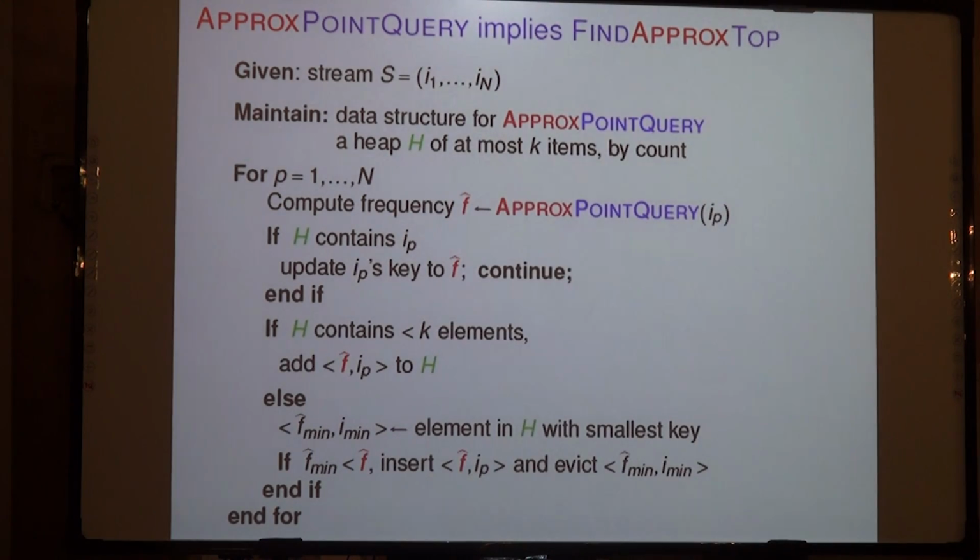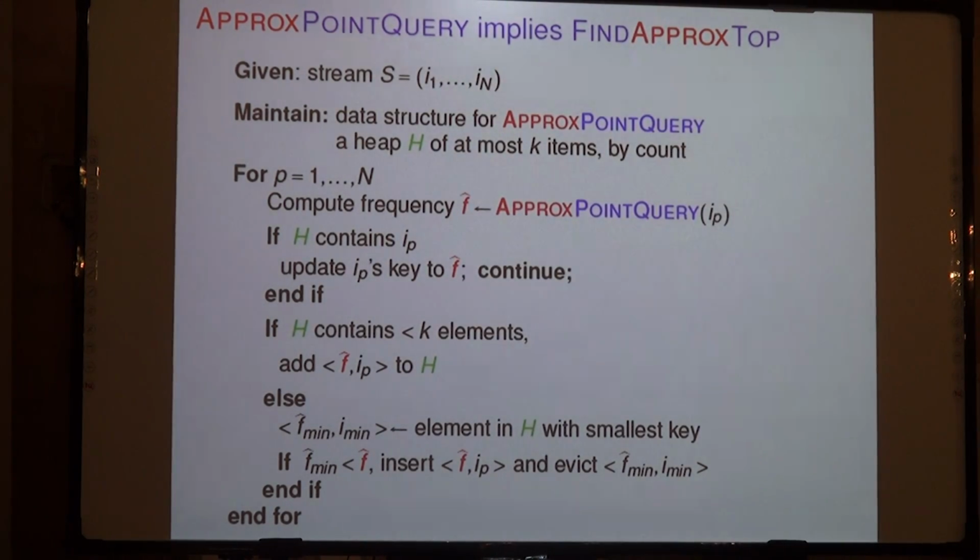It gives us some f hat, and we just pretend that this was the right count, and we update the heap accordingly. One needs to squint a little bit, but I encourage you to think this through, and you will see that you'll get the same guarantees: the items that end up in the heap will have frequency at least 1 minus epsilon times the frequency of the least frequent item. So whatever the error is on this f hat, it will propagate into the guarantee in this reduction.